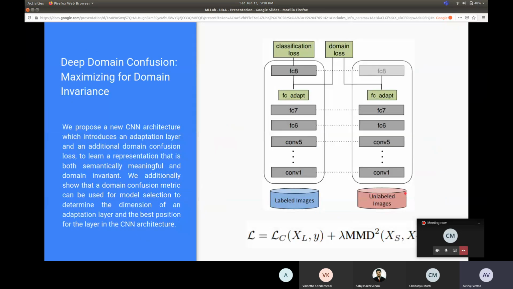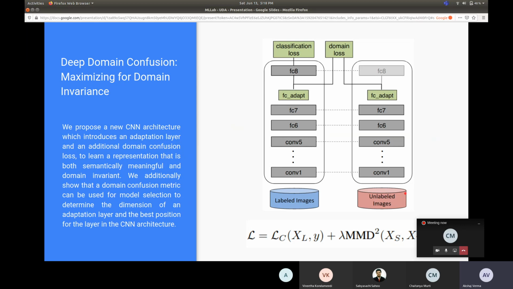So the core idea here is you have two networks that share weights, and on one network you pass your labeled images, which is your source data, and on the other network you pass your unlabeled images, which is just your data, no labels at all.